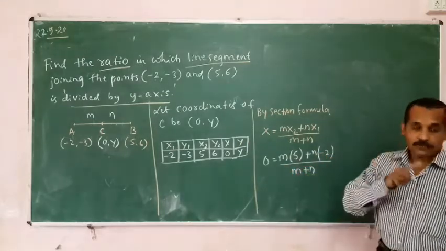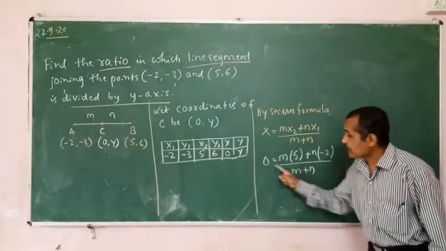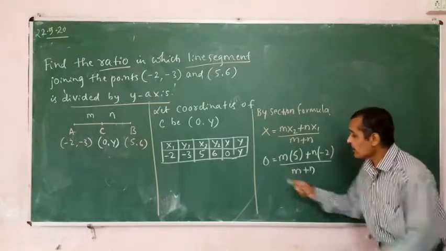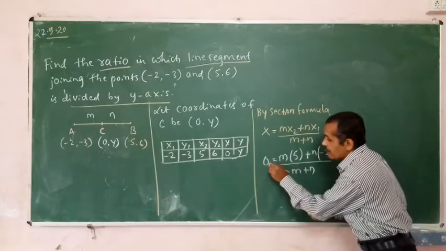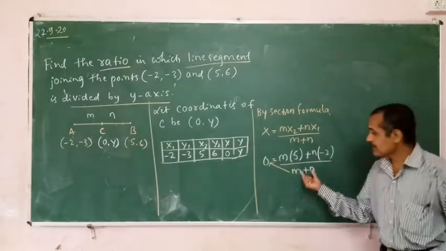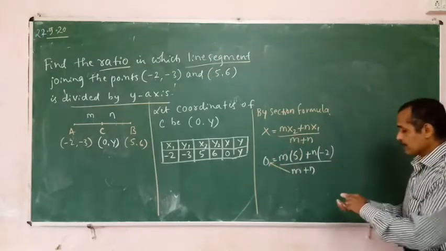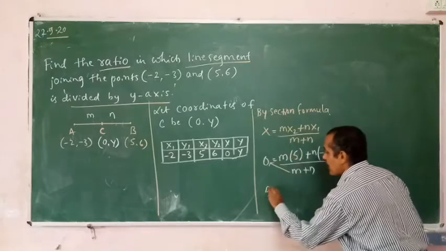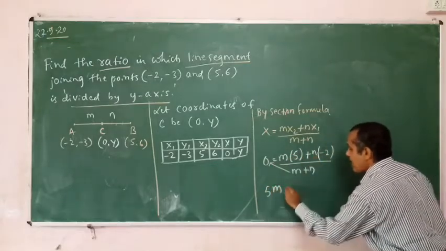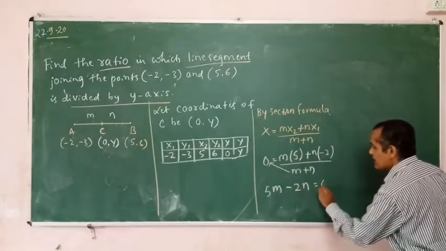I have already explained you m plus n cross multiplied you are getting 0. Again later don't ask where this m plus n has gone. This is cross multiplied 0. It becomes 0 only. And I can say 5m minus 2n is equals to 0.